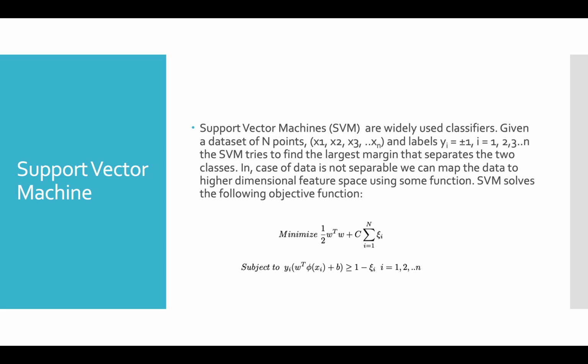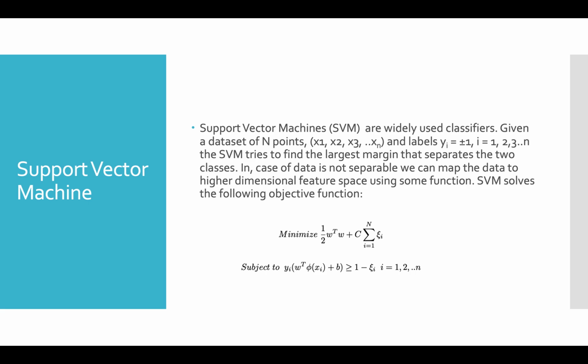Support vector machines are also among the most popular classifiers, binary classifiers. We have again n data points and their corresponding labels, and what the support vector machine tries to do is find the hyperplane which separates both the classes by the largest margin.